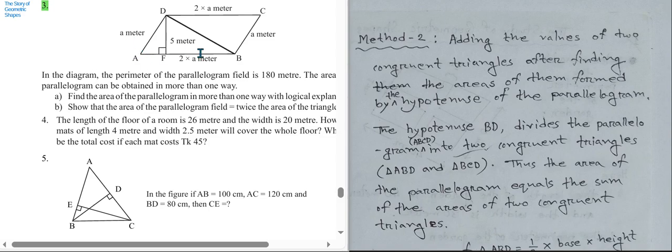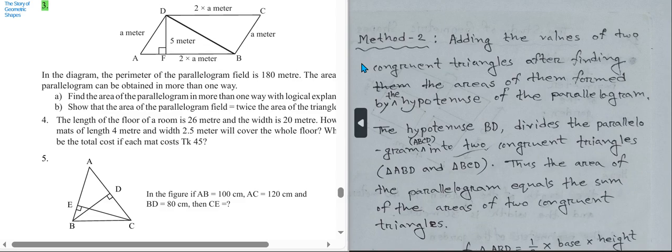There are triangle ABD and another triangle BCD. So we can start by adding the areas of two congruent triangles formed by the diagonal of the parallelogram.